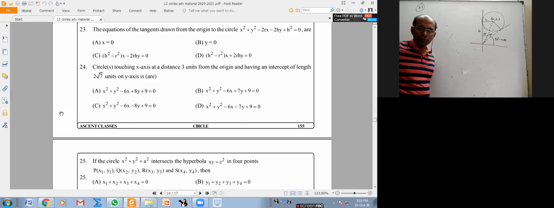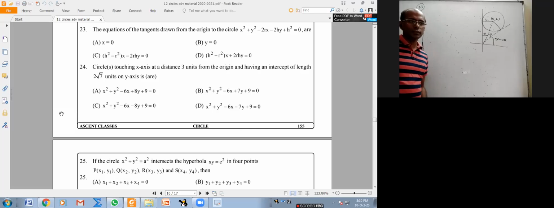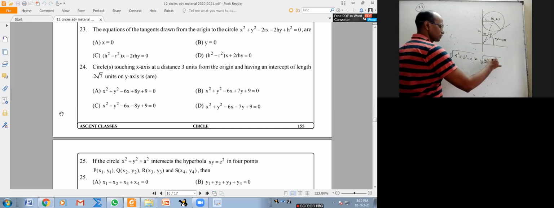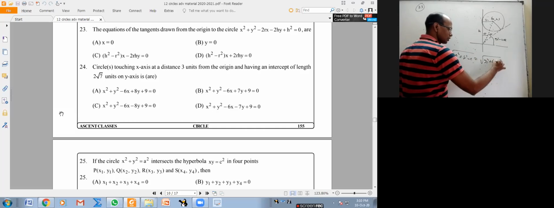Root over g square plus f square minus c, that is r square plus h square minus h square. H square is getting cancelled. They are getting r. Is it okay? So here you have taken smaller as radius, no, sir. I'm saying, if you find root g square plus f square minus c, it is the radius only. G square is r square, f square is h square, c is also h square, which cancel, giving mod r. Is it okay?